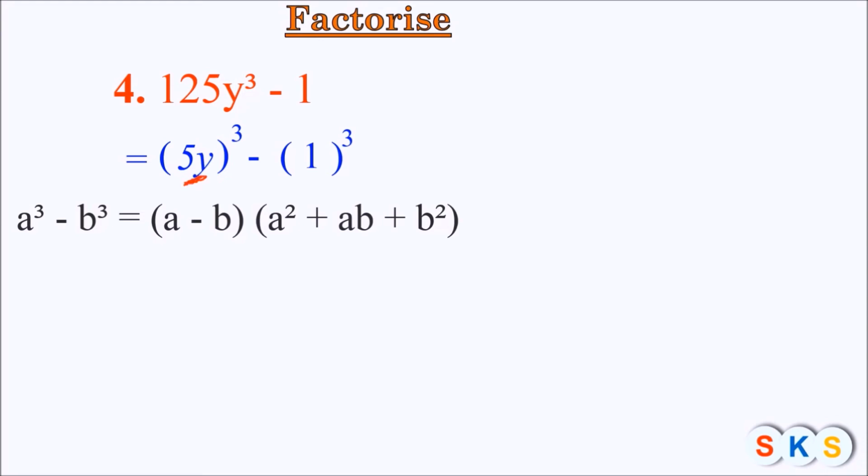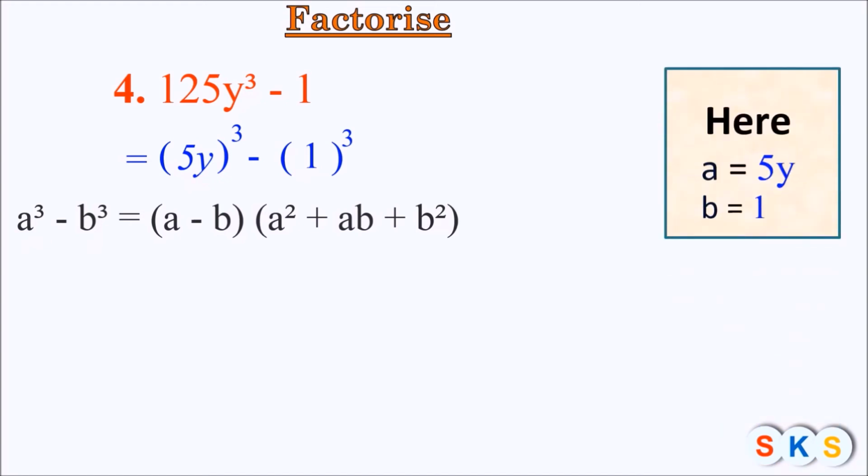Therefore, we will take a as 5y. And the second term is the cube of 1. So we will take b as 1. Now we will make a note of the values of a and b. You can see that I have noted the values of a and b in the rectangular box.